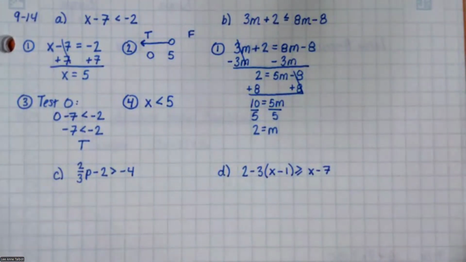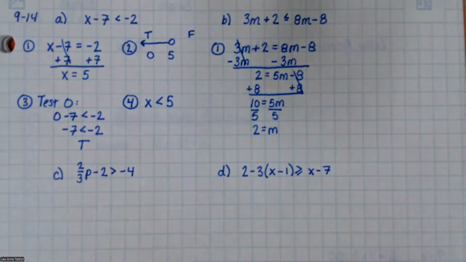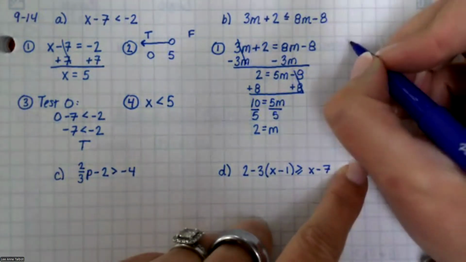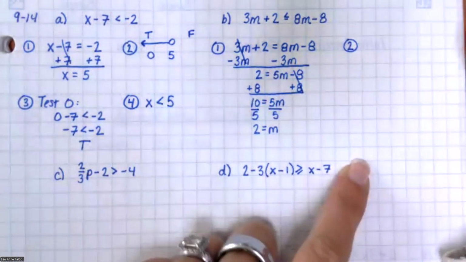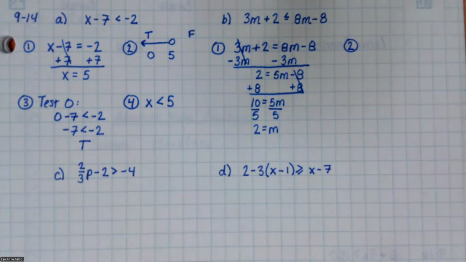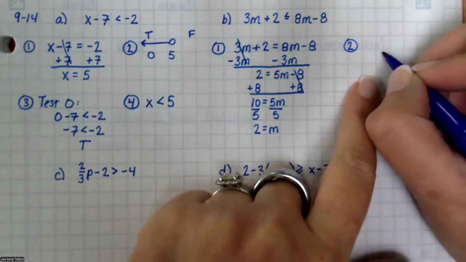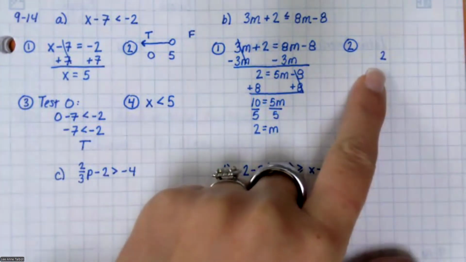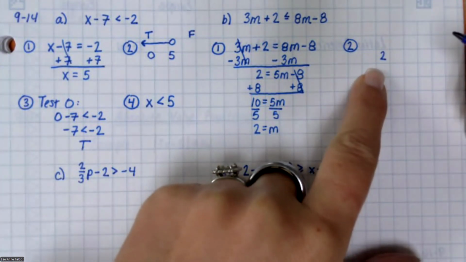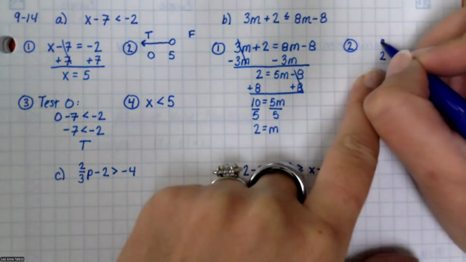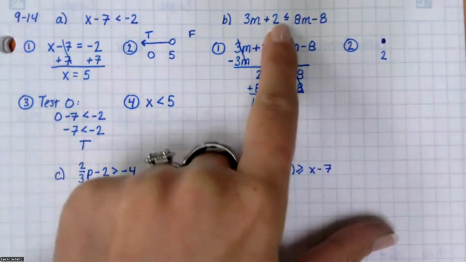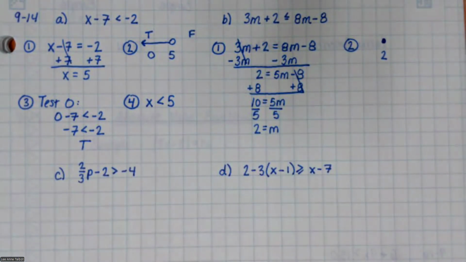It's divided by 5. Okay, so I got 2. I'm going to put 2 on my little number line that I'm going to make. And I'm going to put a closed circle at 2 because my original problem had the or equal to on it.